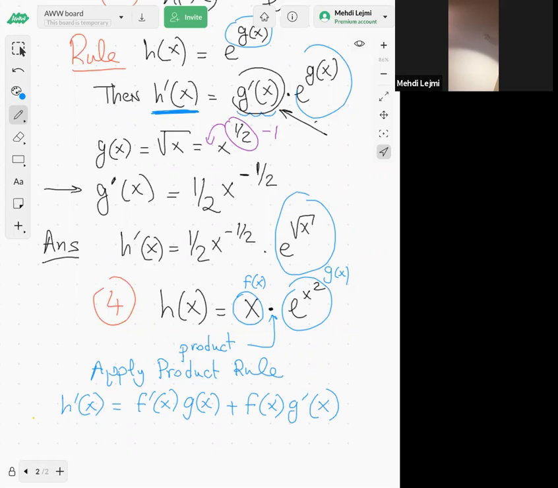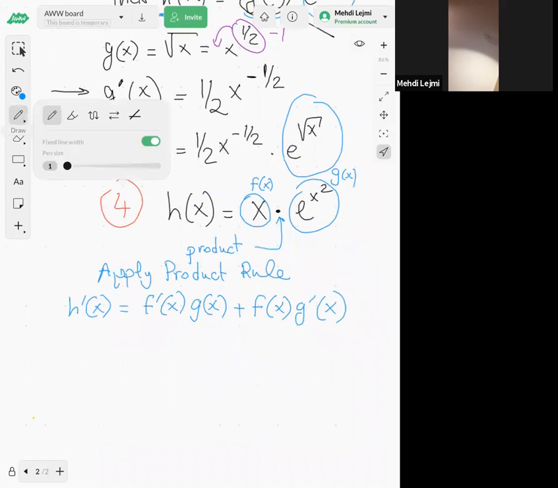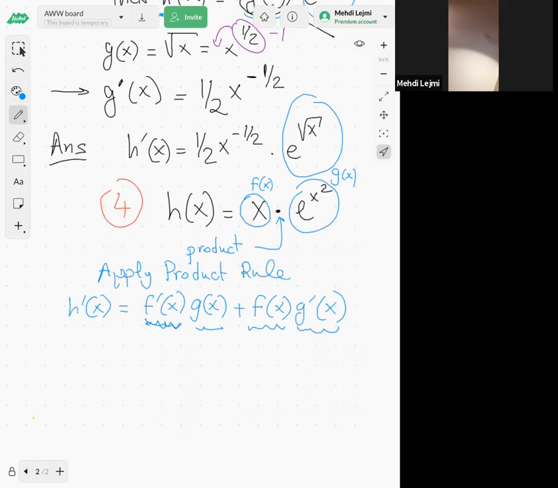Right? That's the product rule. So to apply it, I know g is e to the x squared, I know f is x, and I need to compute f prime and g prime. So let's compute f prime and g prime.